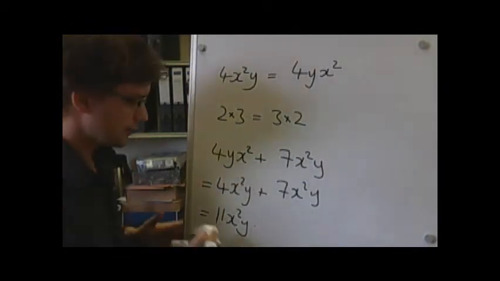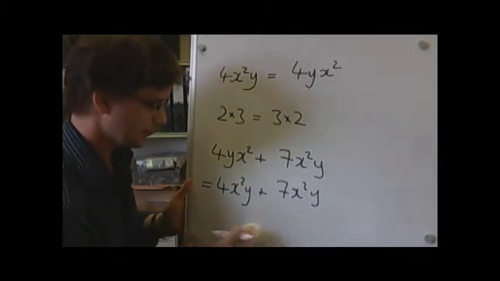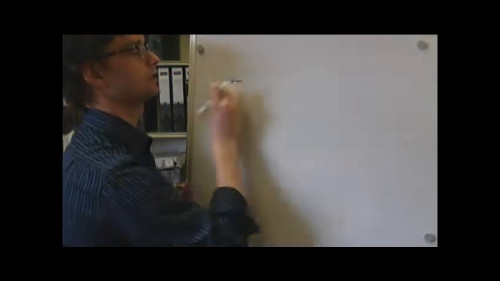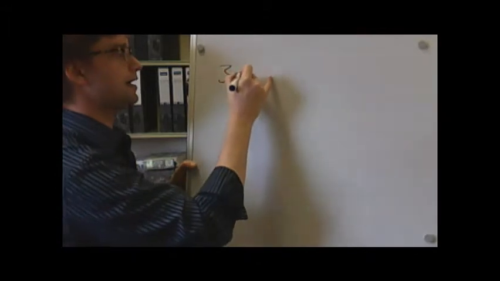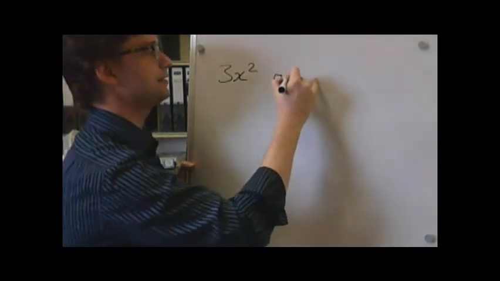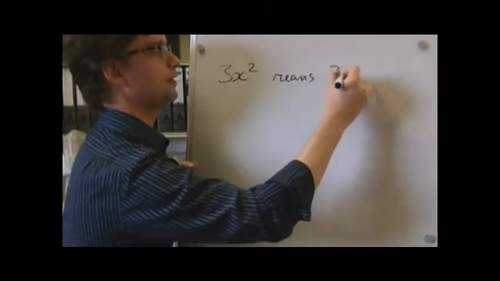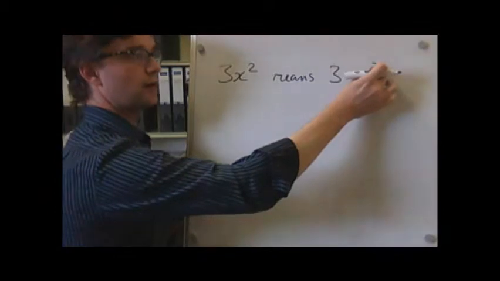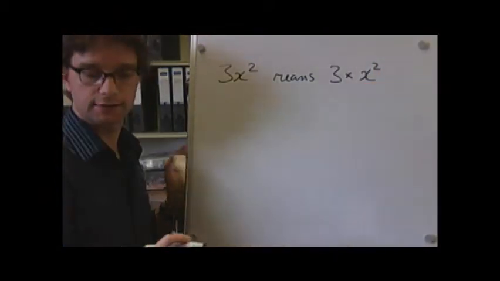One more thing to make sure that you're really clear on is that 3x squared, as an example, means 3 times x squared, and the squared is only acting on the x.